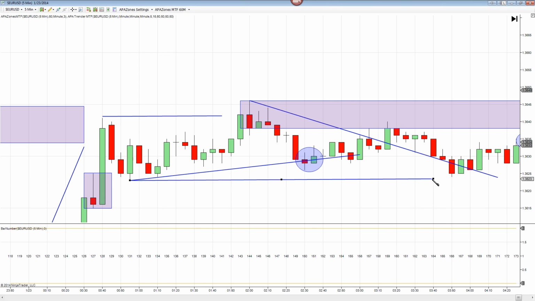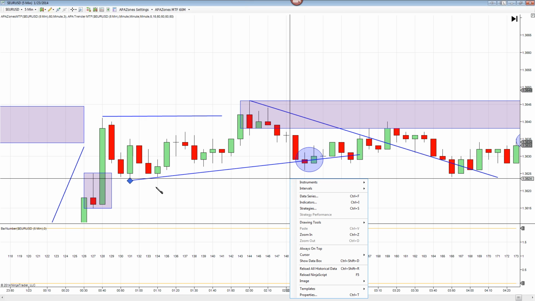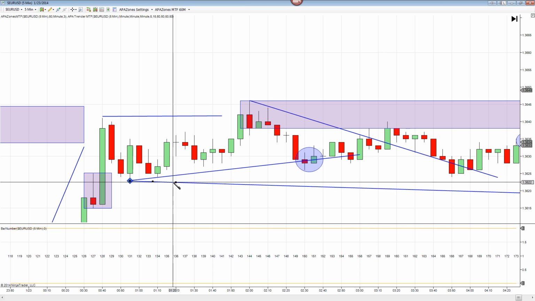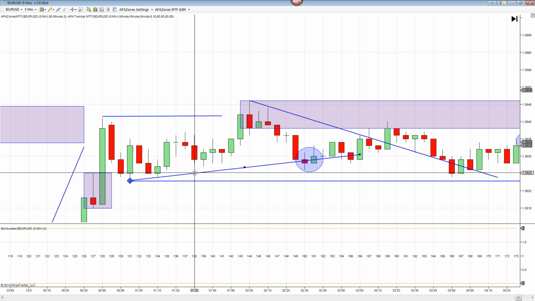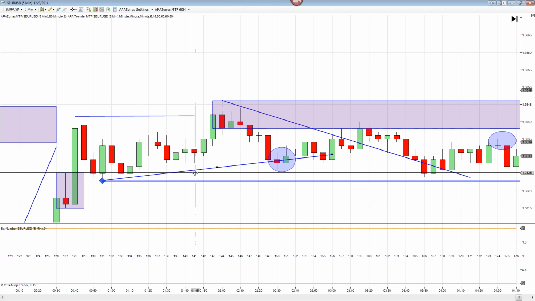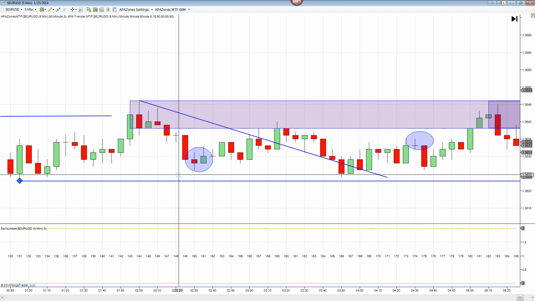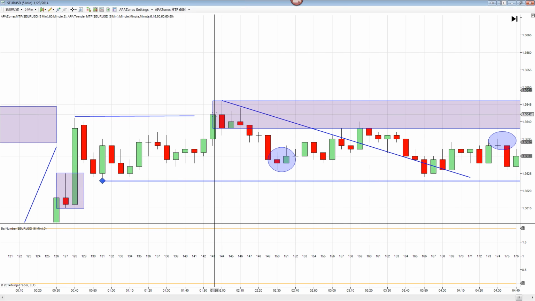Like this line, or this ray that we extend across the bottom here, that was never broken, you know? That support always held throughout the whole entire day. And that's actually pretty big, you know?